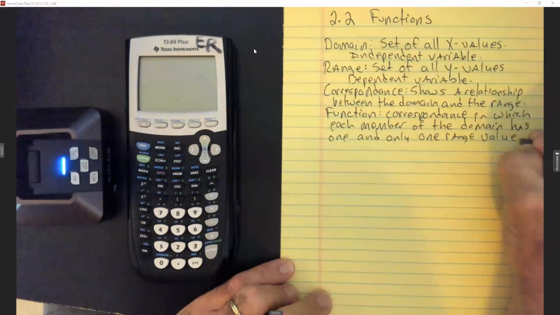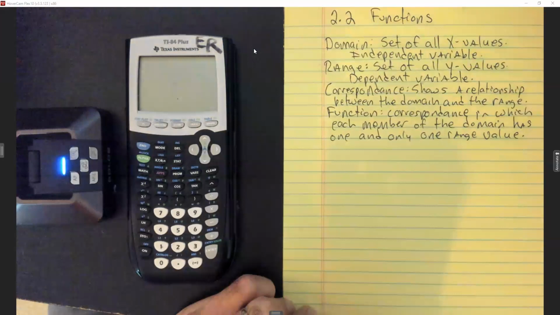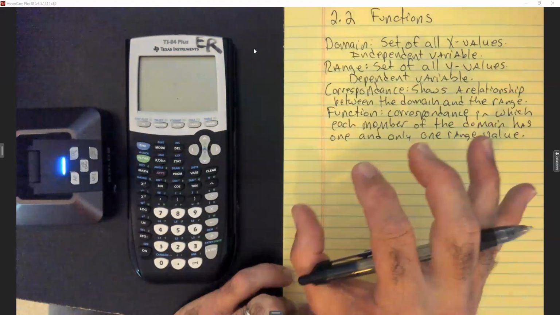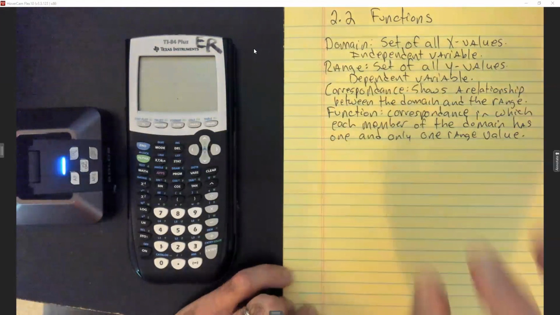So what that means is if I had an x value of 5, I could only have one y value come out of the function. I couldn't get two different y values for one x value, okay?